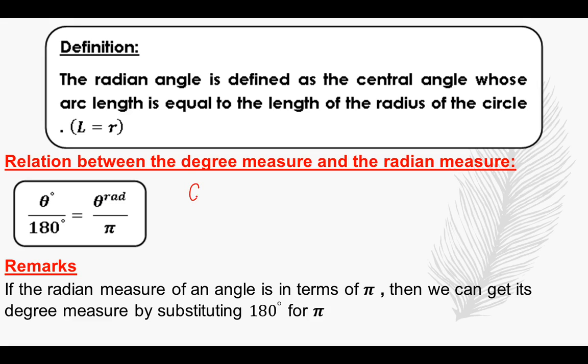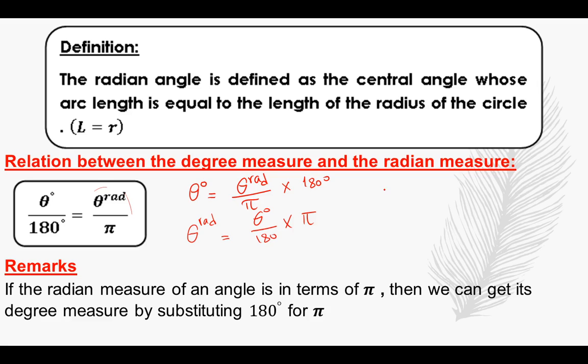So if we want to find theta degree, theta degree equals theta radian over pi multiplied by 180. And if we want to find theta radian, theta radian equals theta degree over 180 multiplied by pi. So these are the two rules.